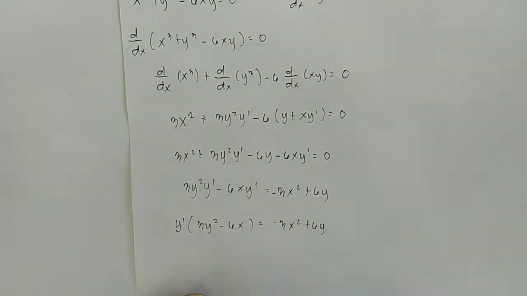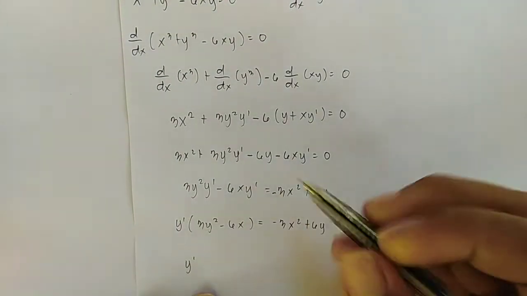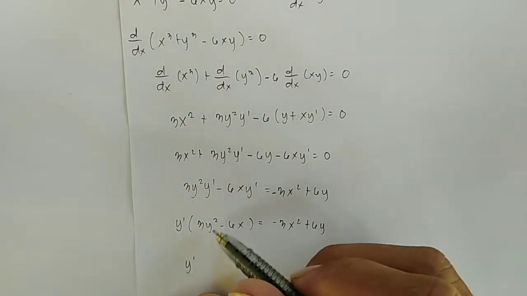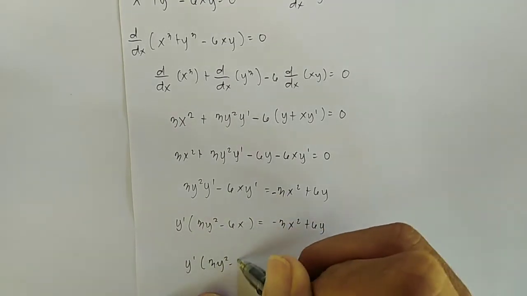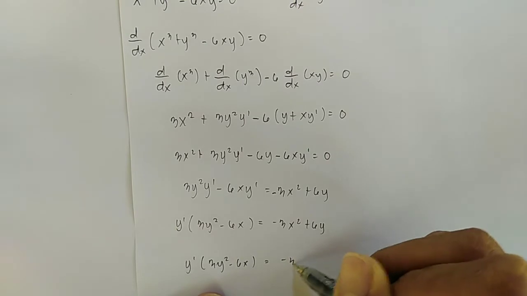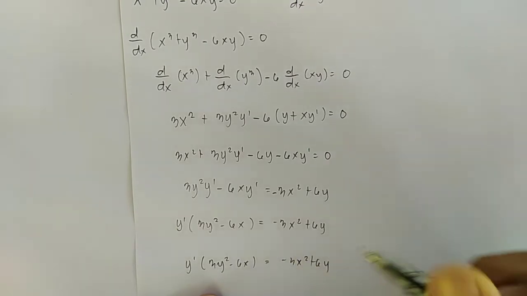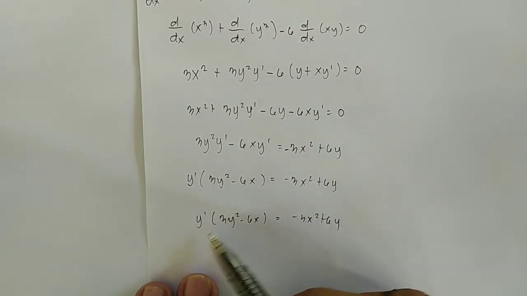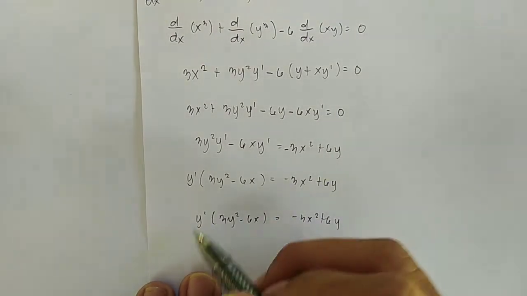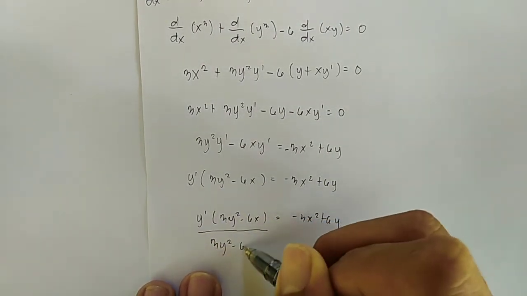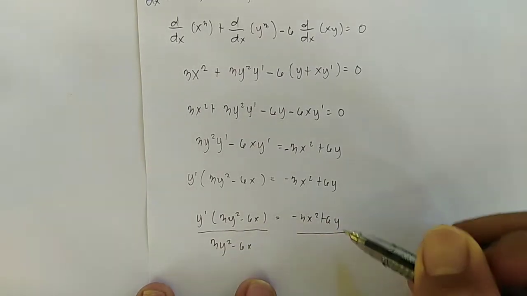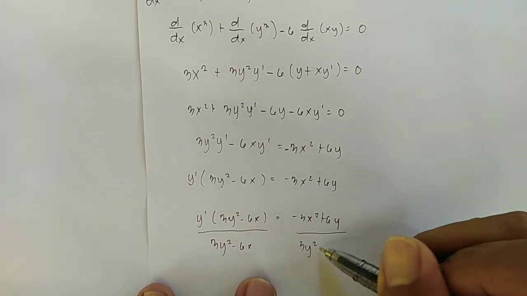So we can get that y prime by dividing both sides by this expression, 3y squared minus 6x.